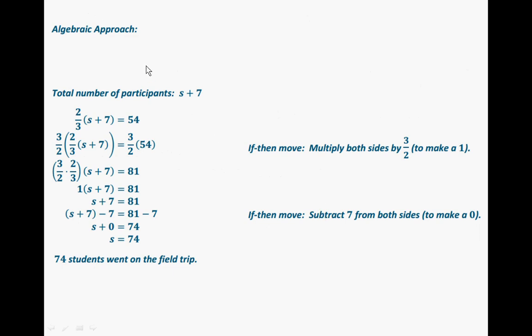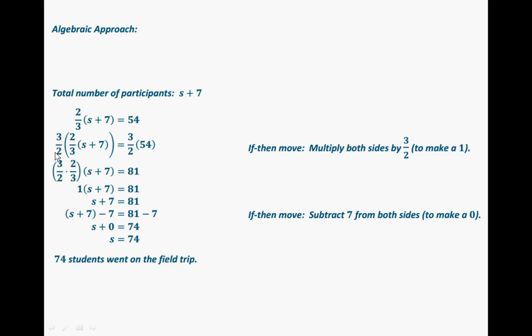So the algebraic approach, we know that we had the number of participants, which is the number of students plus 7 adults. Well, 2/3 of the total participants is equal to 54, which means that in order to get rid of this 2/3, we can multiply by the reciprocal.